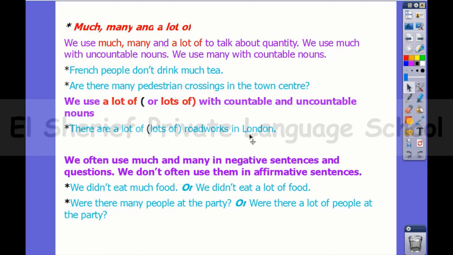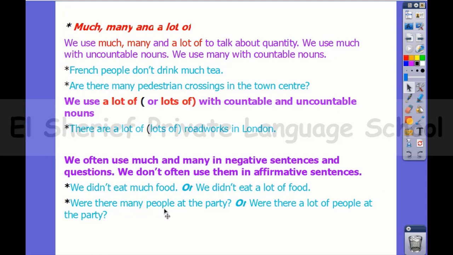Okay, I can say there is a lot of water in the street, and this is with an uncountable noun, water. Okay, so we often use much and many in negative sentences and questions. We don't often use them in affirmative sentences. Examples, we didn't eat much food, or we didn't eat a lot of food.